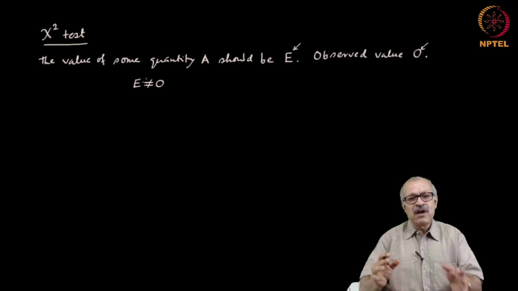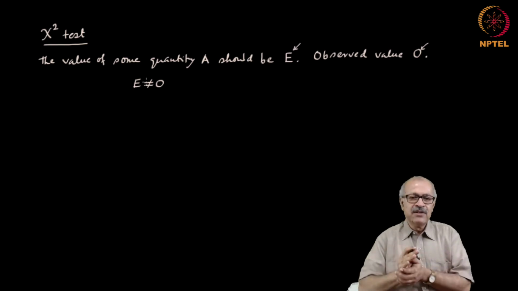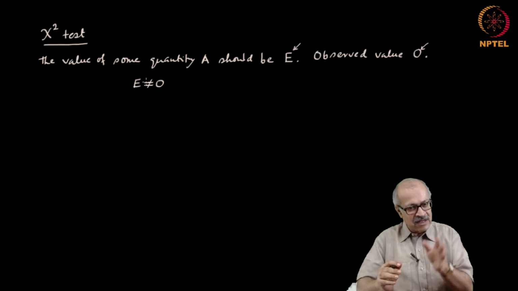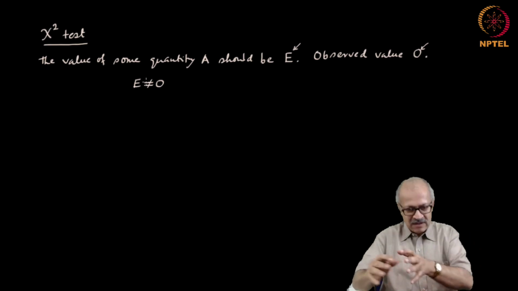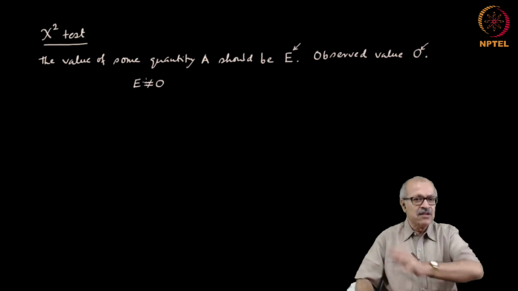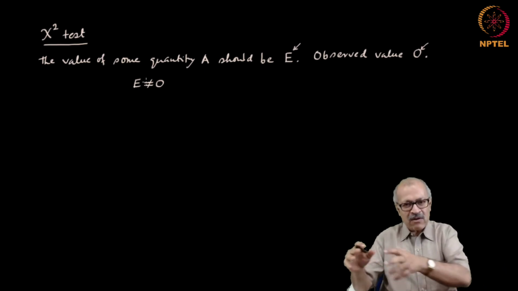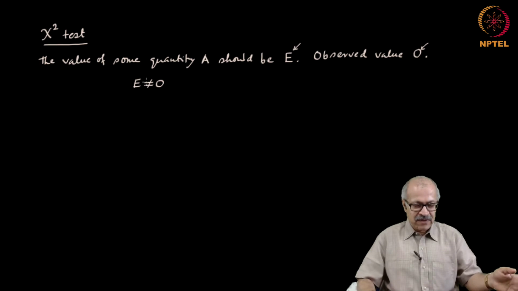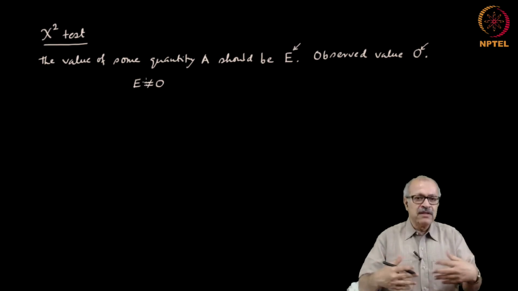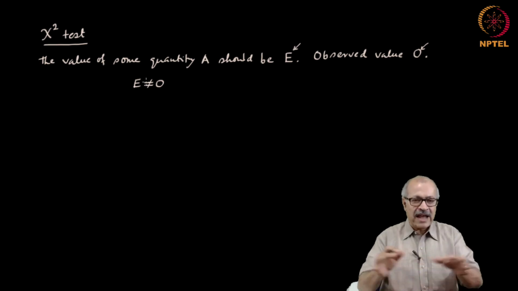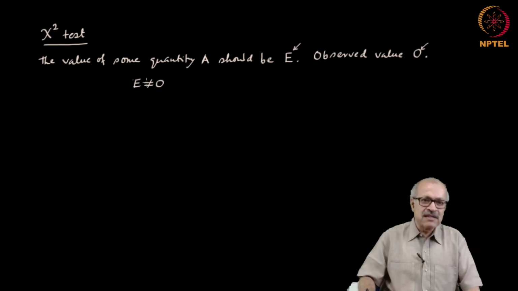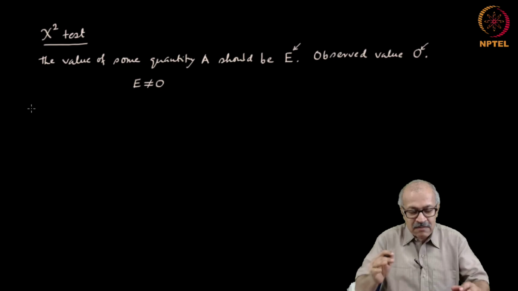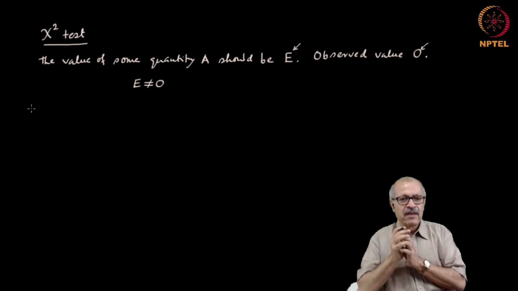So, one has to have some kind of a criterion on the basis of which we might be able to say that, according to our results of the experiment, the theory is false, or according to our experiment we cannot say that theory is false. What should be the generally acceptable criteria, because in all cases you will not get E equal to O. So, that is the problem we will be tackling today.